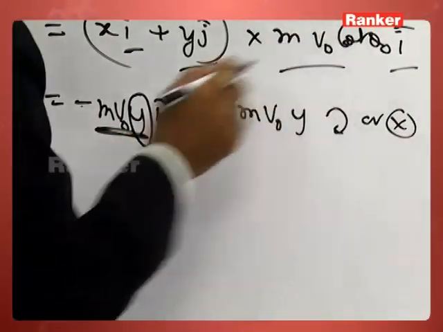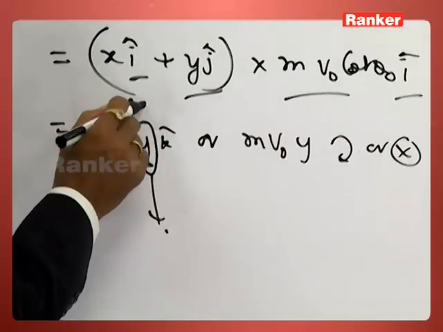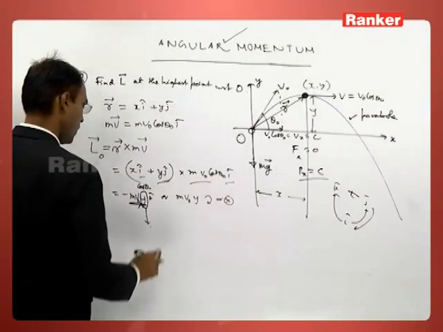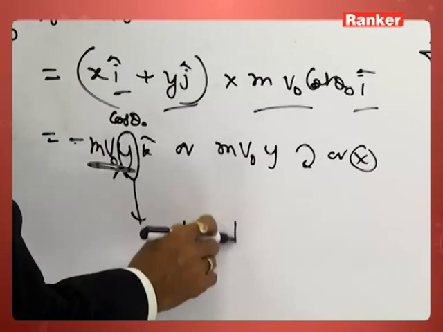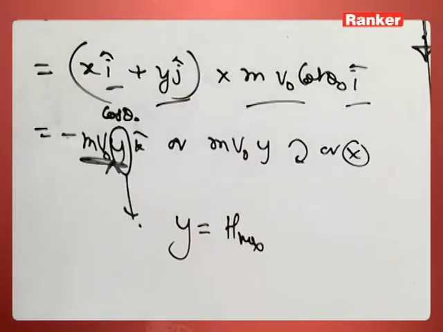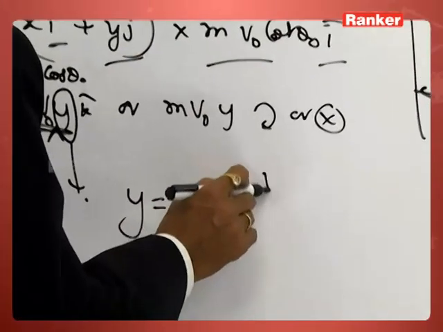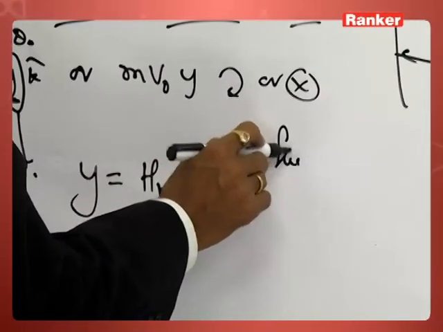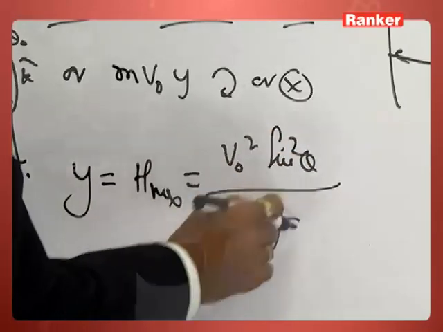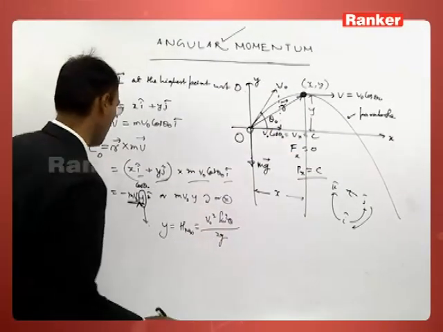Here we need to calculate the value of y, and we have to write the cos theta factor also. y is equal to the maximum height, and that is equal to v naught square sin square theta by 2g. In projectile motion, you know this formula.